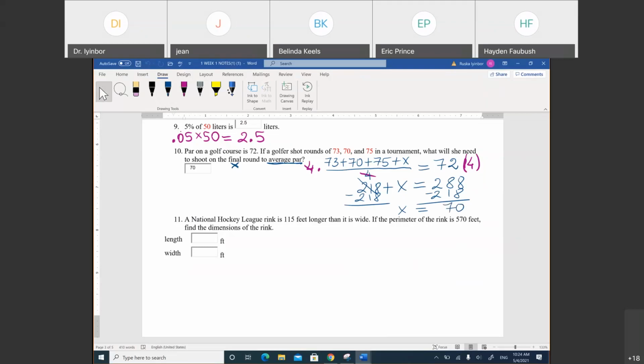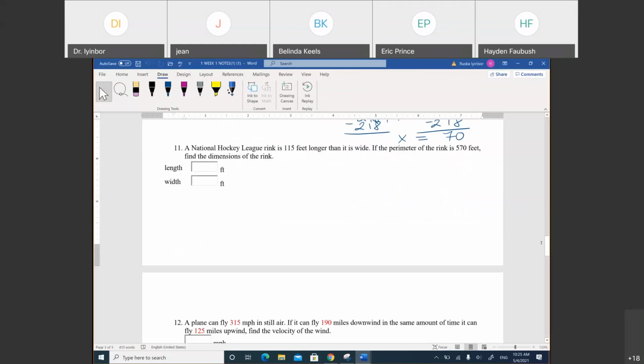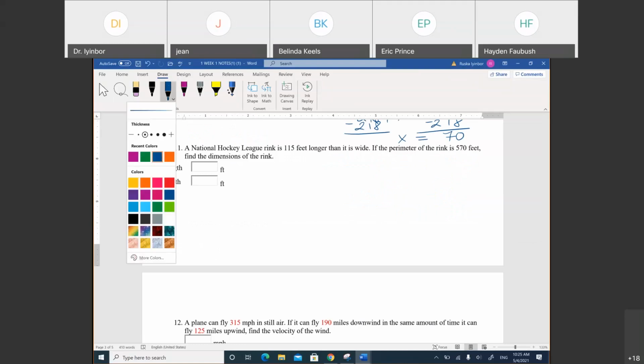Any questions? Everybody good with this so far? Yes. Going to the next one, number 11. Number 11 says a National Hockey League rink is 115 feet longer than it's wide, right?